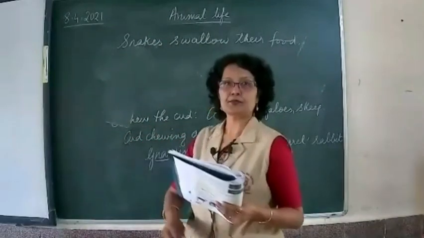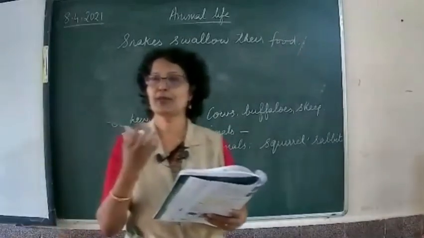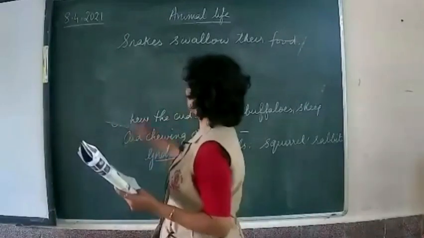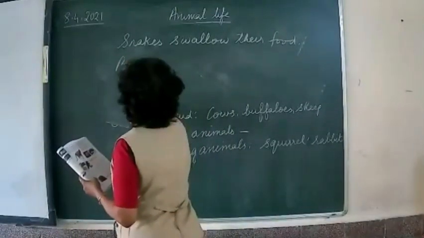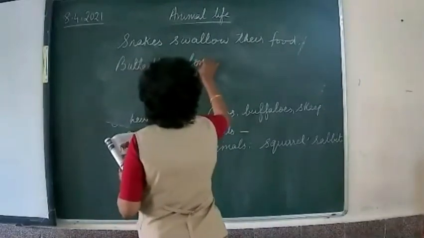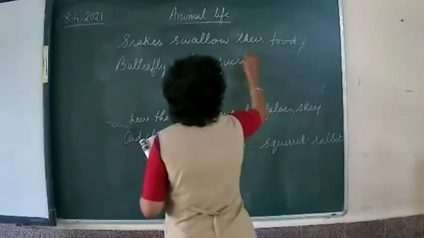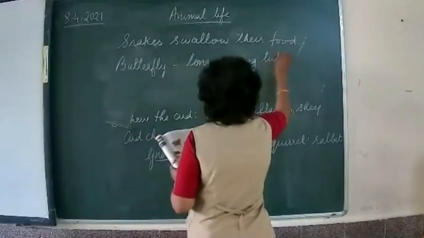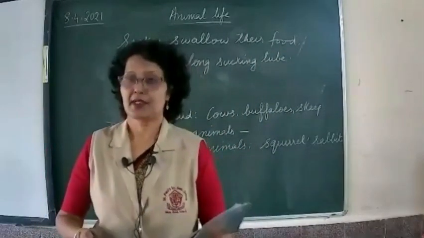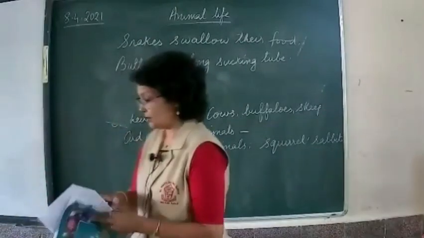So their mouth parts are suitable for their feeding habits. Please learn the examples of all these topics. Is that clear?